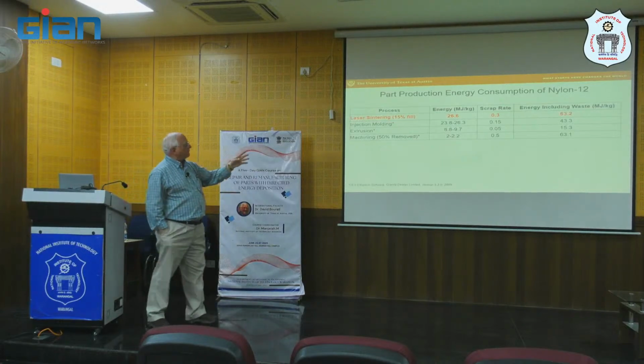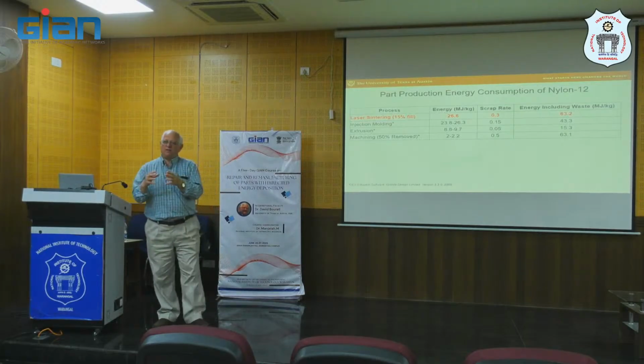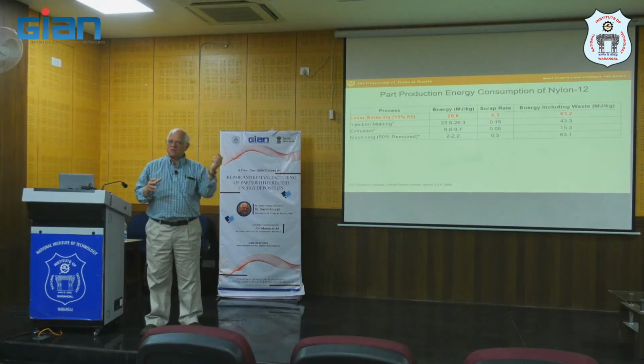However, if we include the feedstock, it takes a certain amount of energy to create the feedstock, like the nylon in this case. And so if I scrap material, that also is a loss of energy. It's a waste because I paid a significant amount of energy to create that material, but then I'm throwing it away.